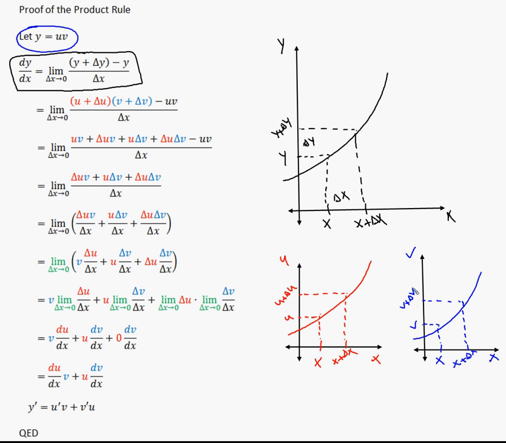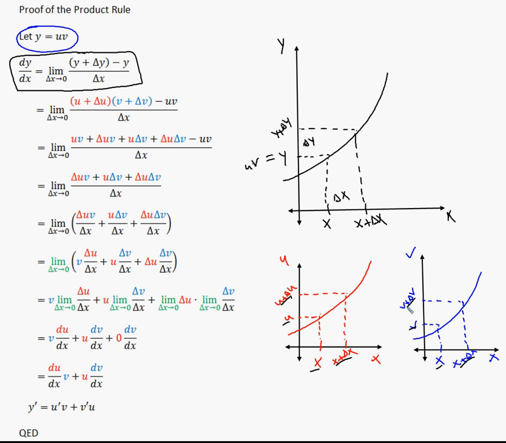All right. So when you plug in a value for x into u and v, these are independent functions. So you plug x into each of them, right? When you plug x in, you get a u, and when you plug x into v, you get a v, right? And to get y, you multiply u times v. When you plug in x plus delta x, you get u plus delta u, and then you plug in x plus delta x to v, and you get v plus delta v, right?